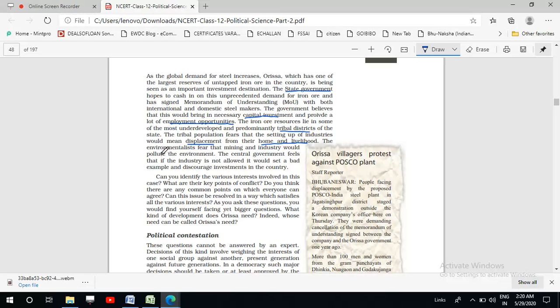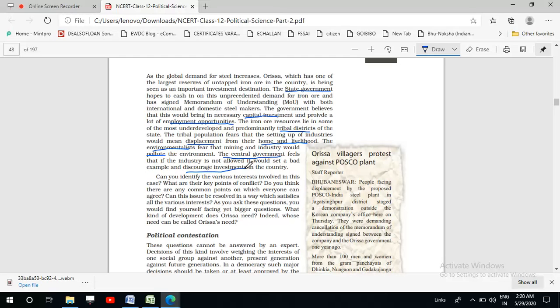Now there are environmentalists also, and they are of the opinion that mining and industry would pollute the environment. So they are against this process. And then the central government is also there, and it is of the opinion that if it does not allow the company to set up its unit in Odisha, then it will set a bad example and discourage investment. So these are the four different views.